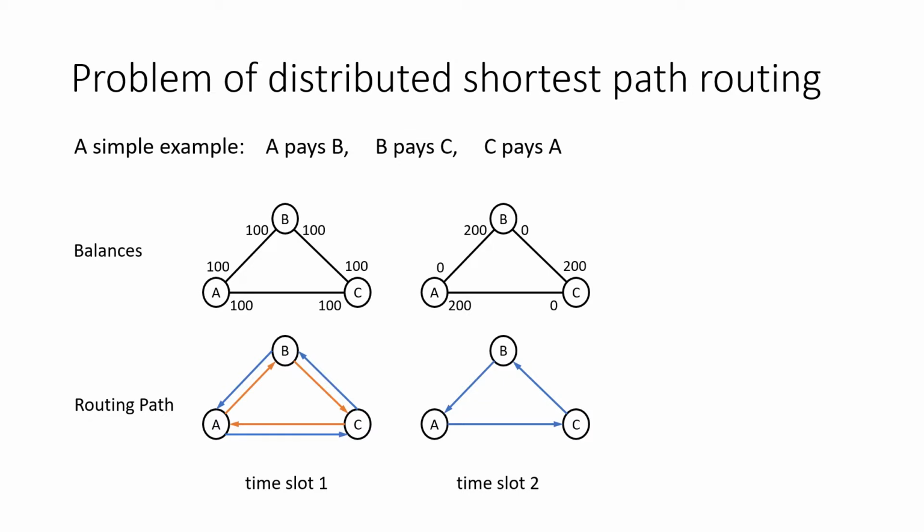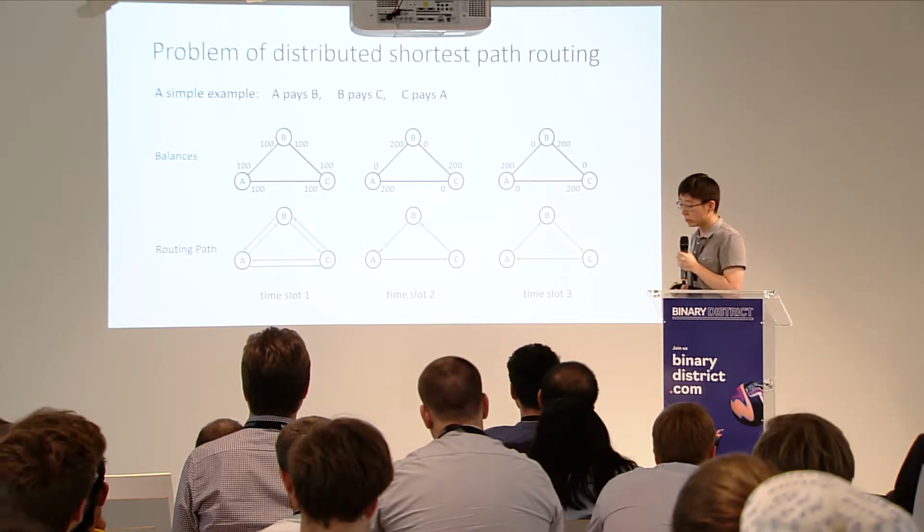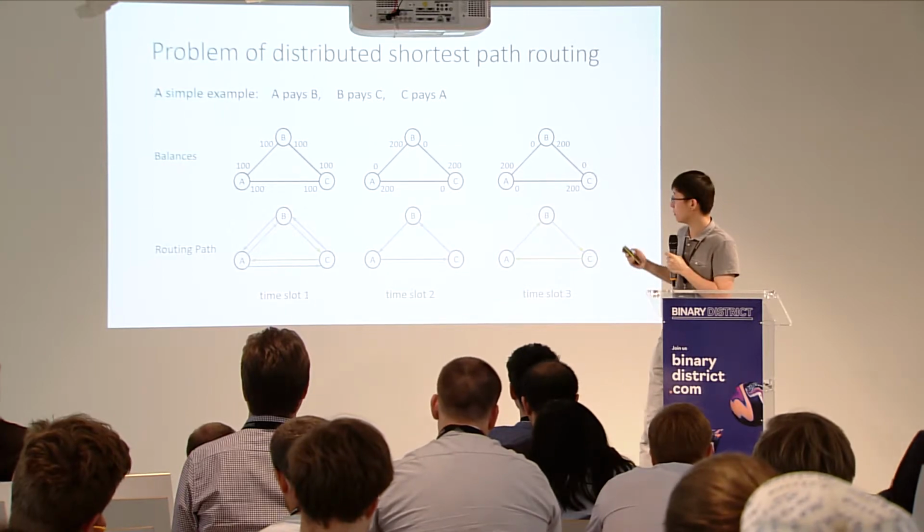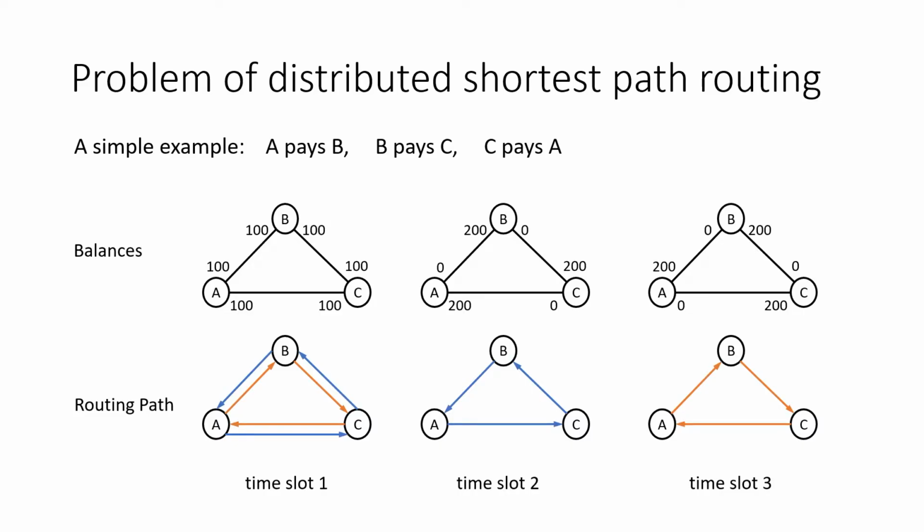Now, in time slot 2, the shortest path to each node changes to this direction. In another time slot, because nodes now start to send through this counterclockwise direction, the balance becomes 0 in the other way, and the shortest path routing changes again. But because these are all desynchronized, the convergence time may be very long.